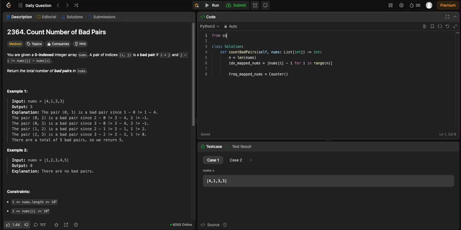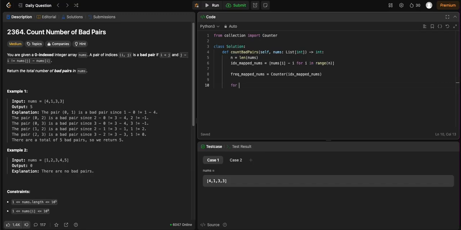So, freq of index map nums, and we use Counter. LeetCode will have automatically imported that for you, but it's still good practice to write it out yourself. So index map nums, and now we just have to loop through each of the values. We don't even care what value it has.